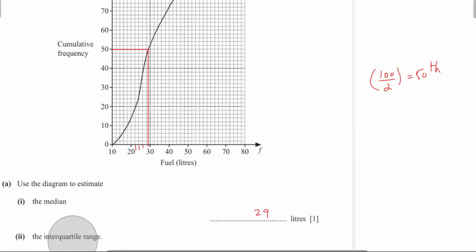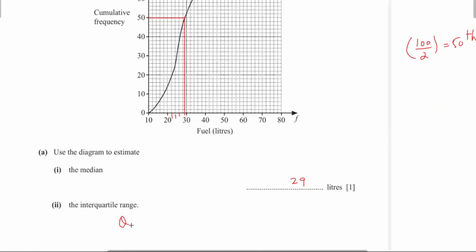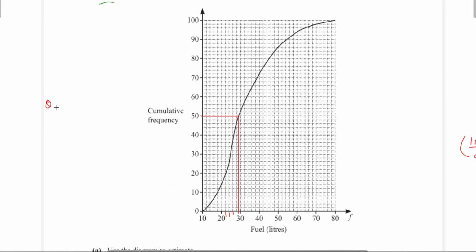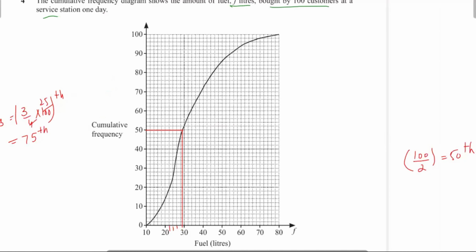interquartile range. The interquartile range is the difference between the upper quartile Q3 minus Q1. Therefore, Q3 is 3 over 4 of 100, that's equal to 75, the 75th customer's fuel. Now we see the 75th customer value, this is 75th.